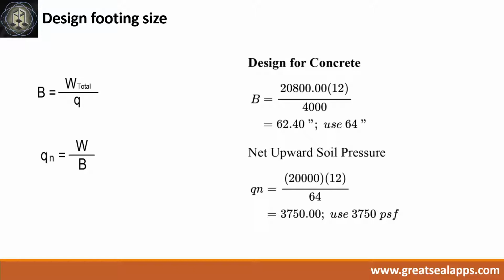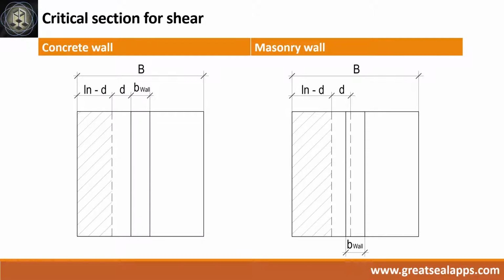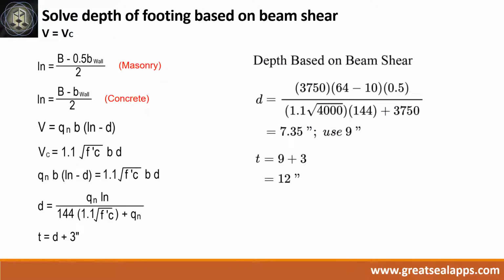Net upward soil pressure is 3,750 psf. Critical sections for moment and bond. Critical sections for shear. Following the given computations, the effective depth is 9 inches and total depth is 12 inches.